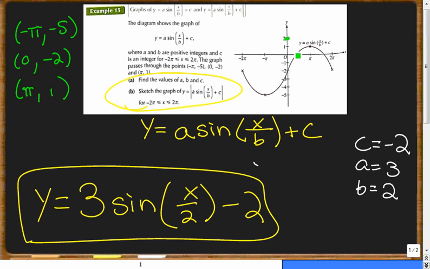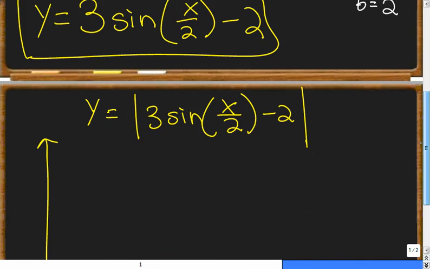You can kind of see that this would bounce back like this. And then we're going to continue going up all the way to 5 and back down. So you can see that this is what that graph is going to look like.